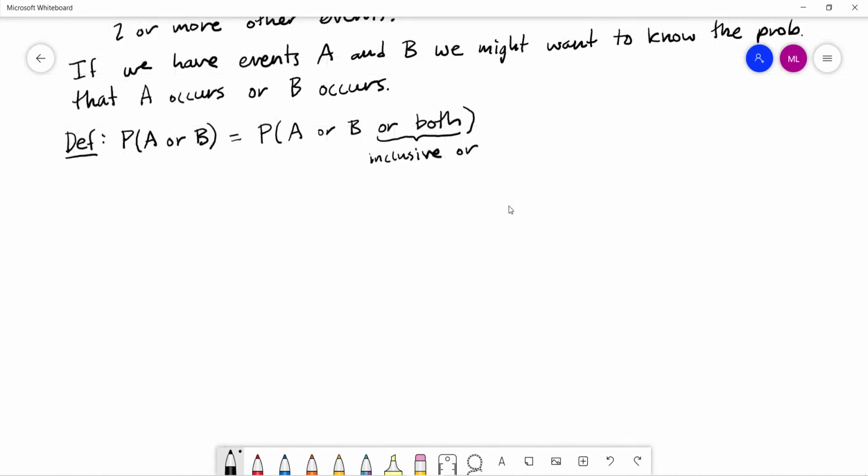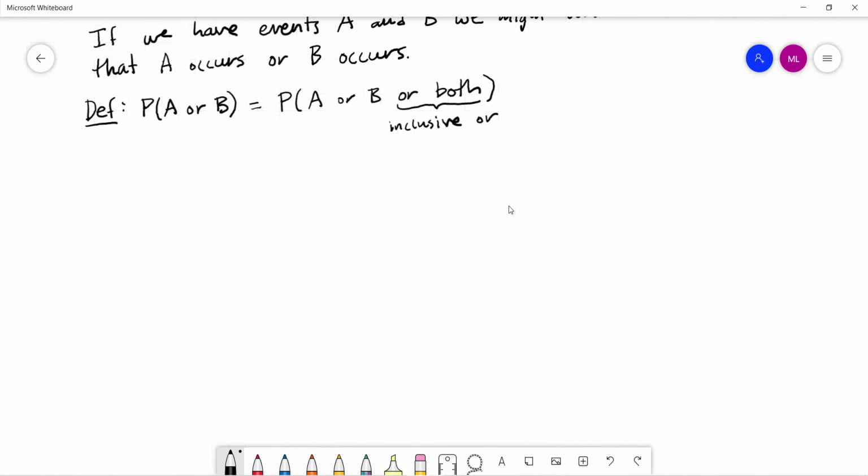Okay, so I think the easiest way to deal with these compound events, probability like A or B, is to actually use examples. So let's use some examples that we're already kind of familiar with because we've seen them in the previous videos. Let's roll a six-sided die.